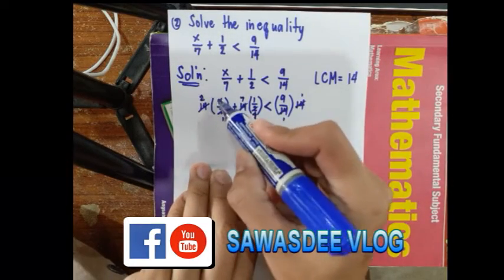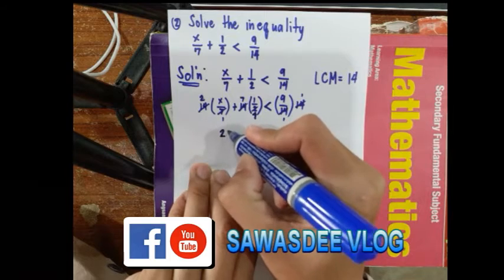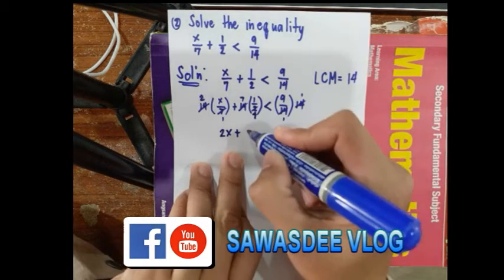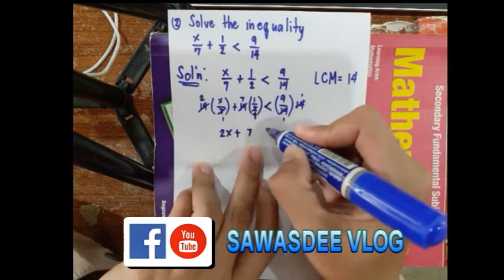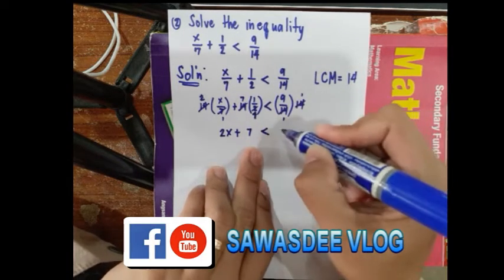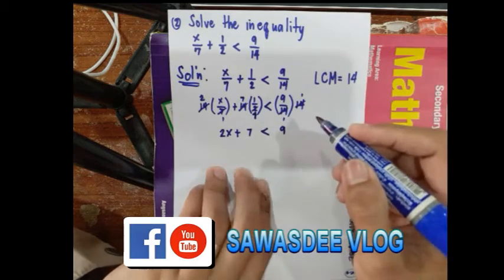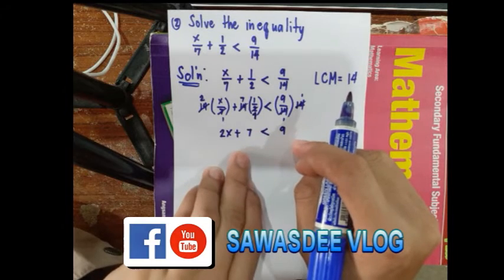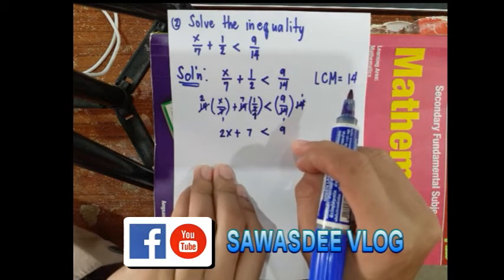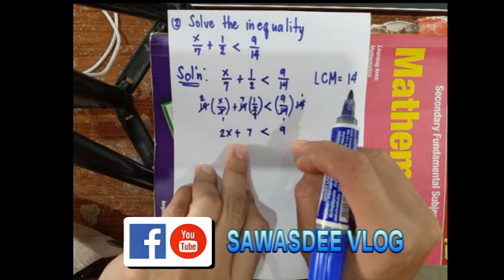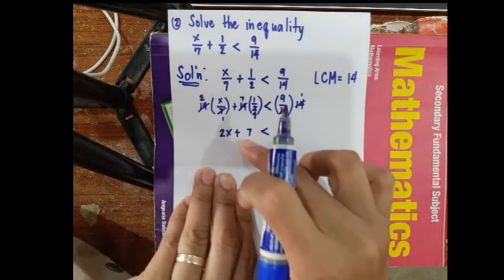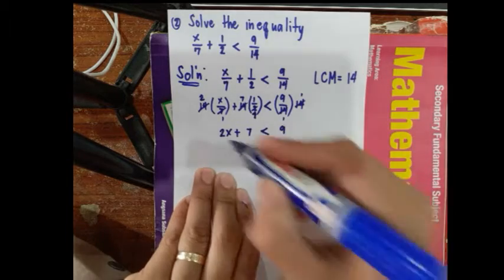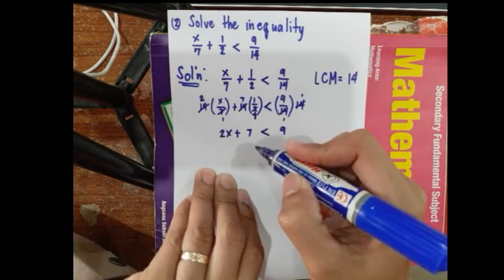And then 2 times x becomes 2x, plus 7 times 1 equals 7, the symbol is not changed, and 9 times 1 is 9. Now we are ready to solve. Take note of what we have learned before about adding and subtracting. To clear this plus 7, we transfer it to the other side using the subtraction property.